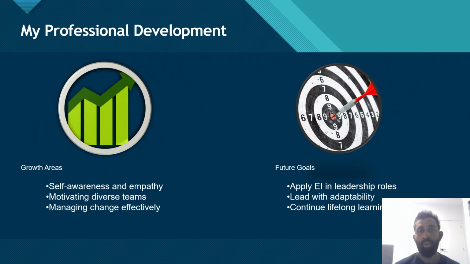Reflecting across all topics, I recognize that I have developed key leadership qualities: emotional awareness, motivation strategies, and adaptability. My next step is to take on leadership roles where I can apply these lessons and continue learning.